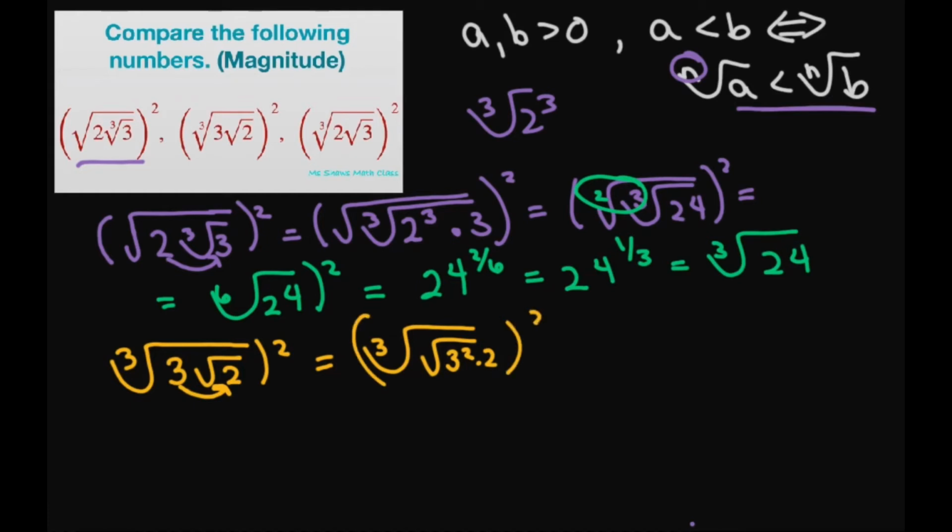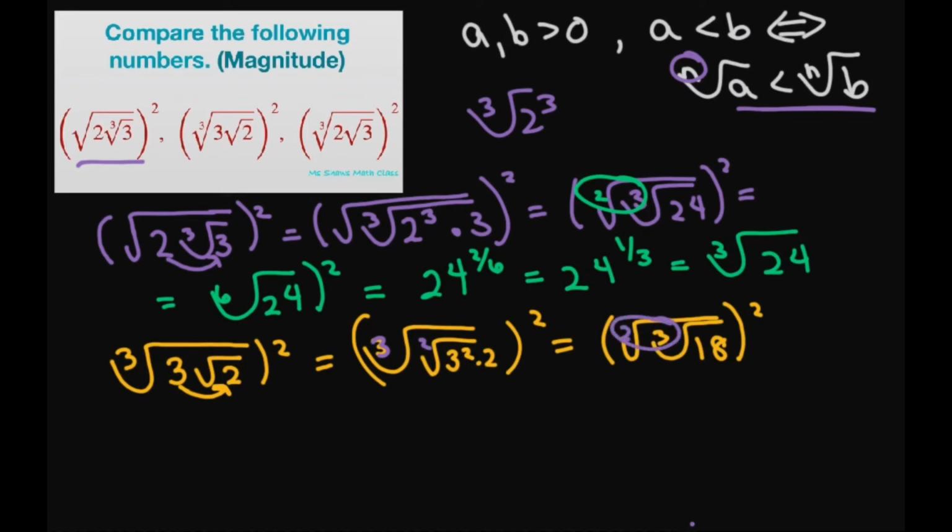So let's put the square here, and that gives me the square root of the cube root of 18 squared, because I can interchange these two roots.